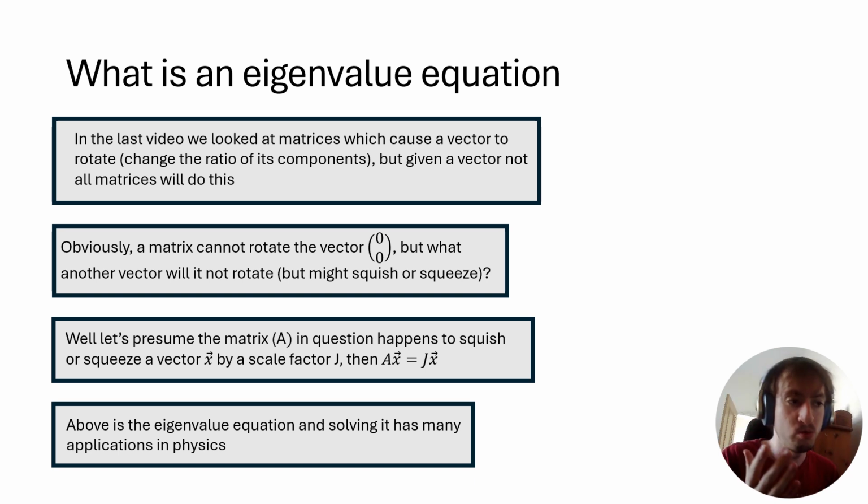So if we were to write that formally, if we say x with an arrow over it is our eigenvector, then if it's an eigenvector of matrix A, then by definition A times x is just j times x. And this is the eigenvalue equation. It's called the eigenvalue equation because we call j the eigenvalue.